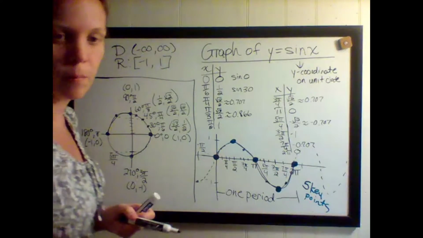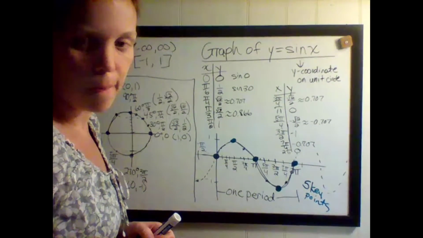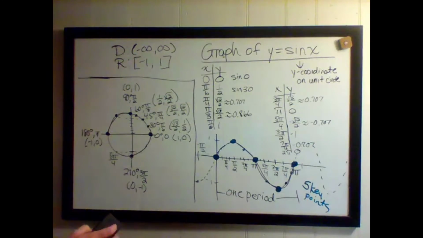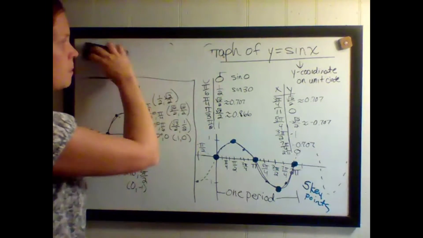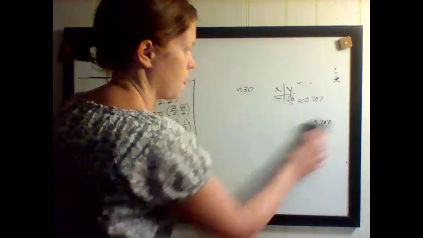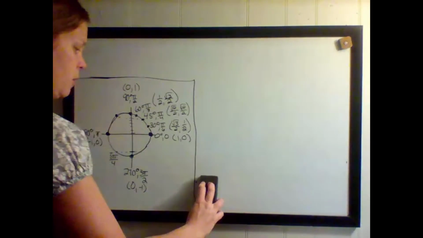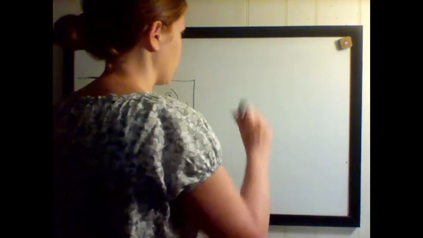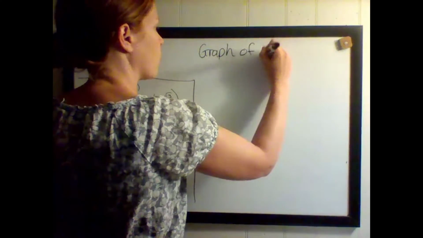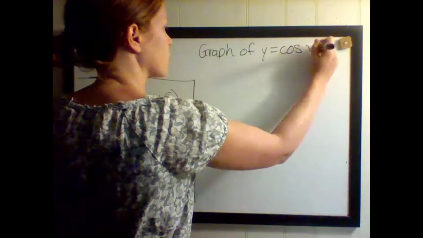Okay, so now let's do cosine. Keep my unit circle up. So now the graph of y equals cosine of x.